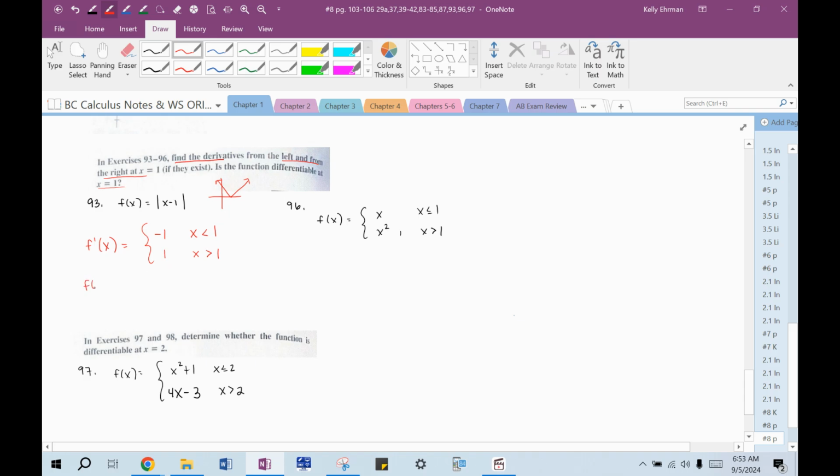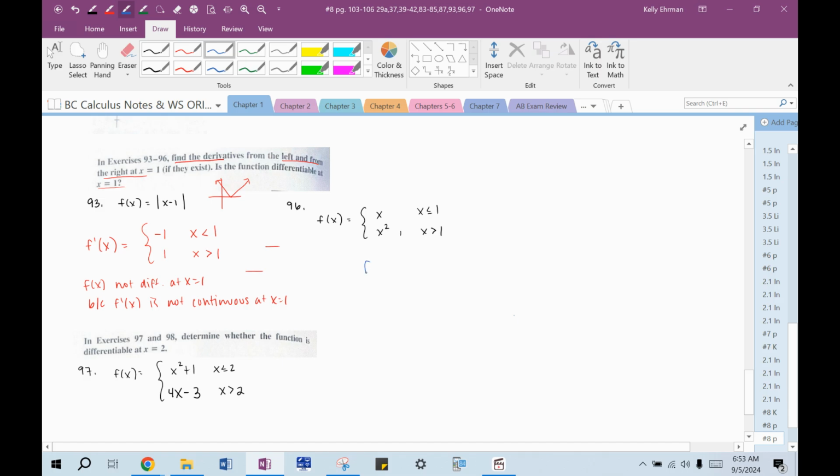So f of x is not differentiable at x equals 1, because f prime of x is not continuous at x equals 1. If I were to graph this, it's one of those piecewise functions. So I can do that for each one.